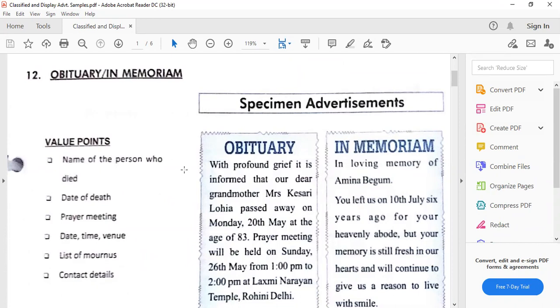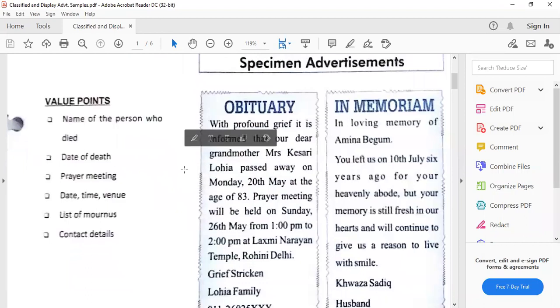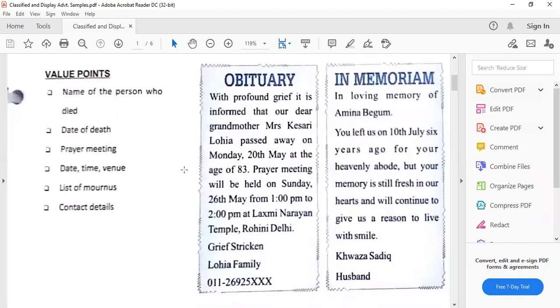You can see in the sample what value points should be considered while writing the obituary. Name of the person who died, date of death, prayer meeting, if any, going to be arranged for that date, time, venue.